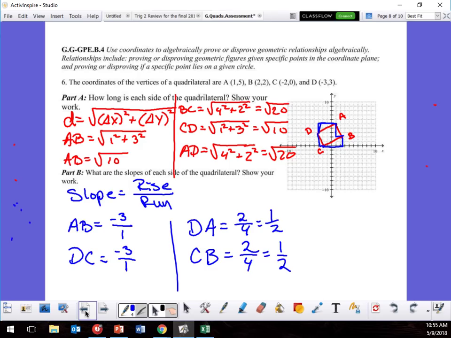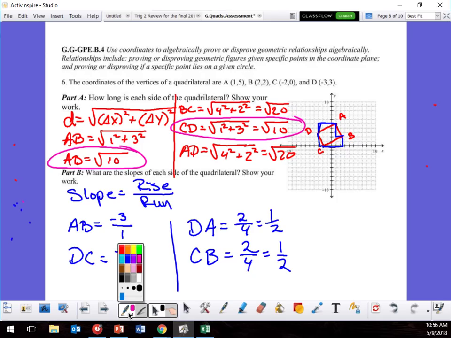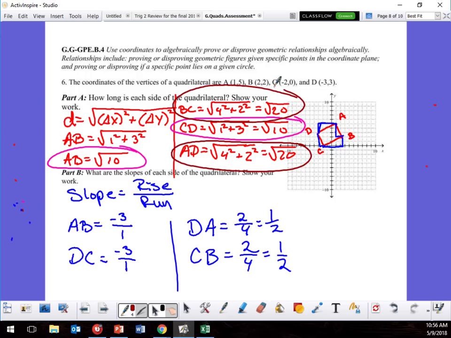Okay, our opposite sides, let's take a look. Let me grab a different color. So this and this, those are opposite of each other, and they're congruent, right? Let's look at the next one. AD and BC are opposite each other and congruent.